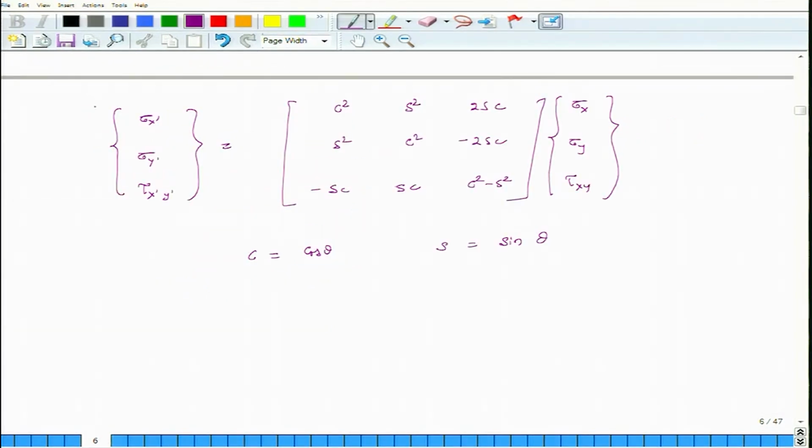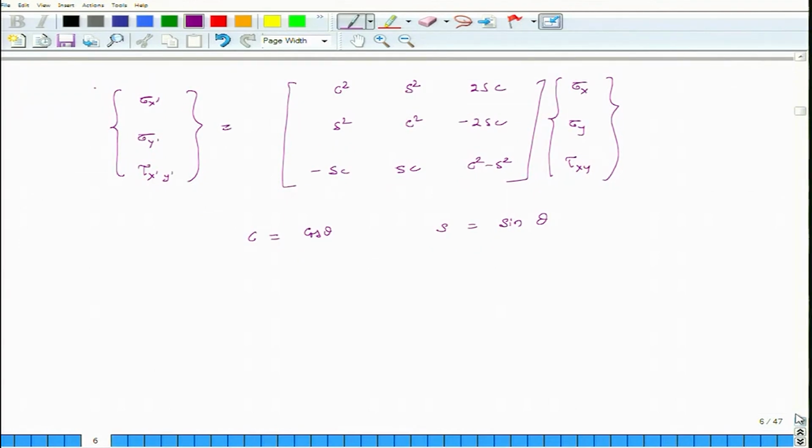And vice versa. If I have to transform sigma x prime, sigma y prime, tau x y prime into sigma x, sigma y, tau x y, then what do I do? All I have to do is make theta become negative of theta.